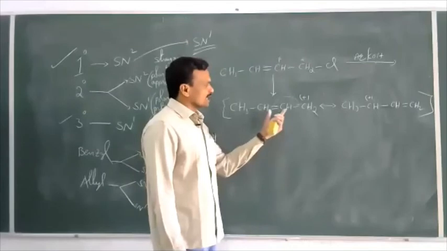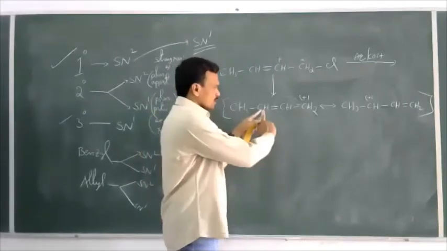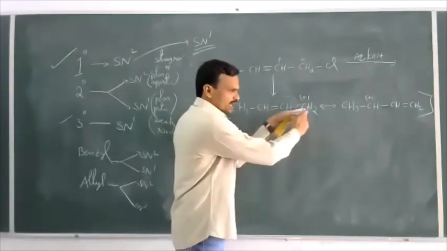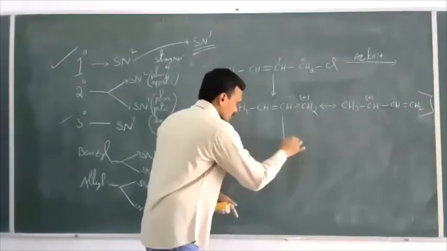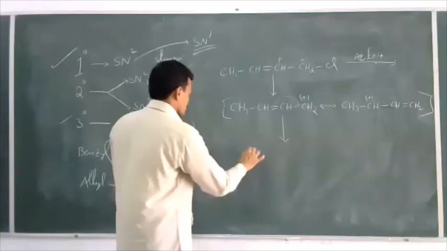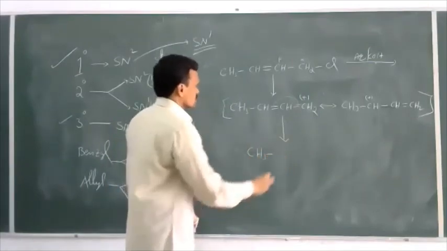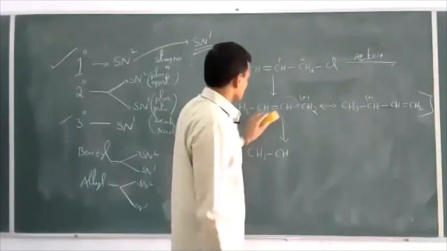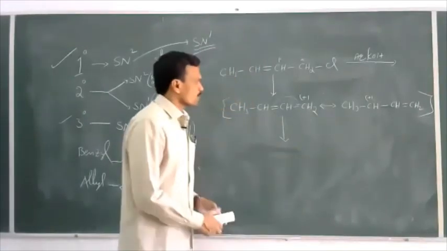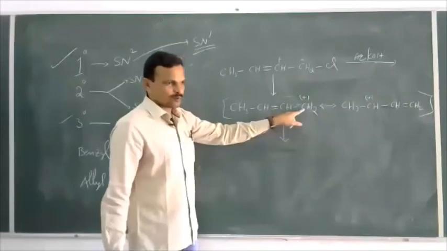This is nothing but an allylic carbocation if you observe. Double bonded carbon directly attached to the sp3 carbon which contains positive charge. This is allylic carbon. Now this will be attacked by OH minus to give products. This is a primary allylic carbocation. Correct?